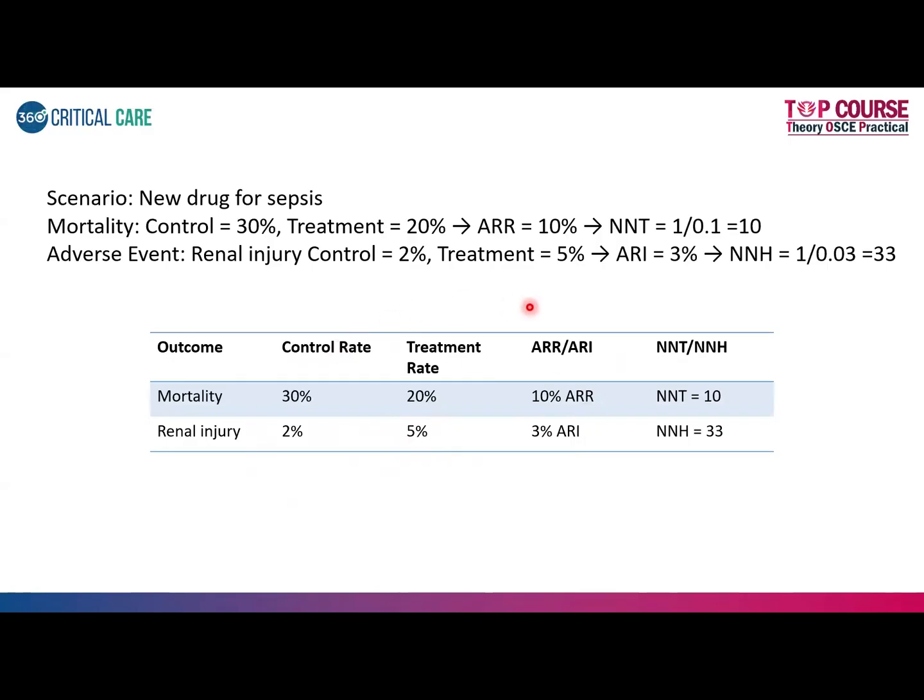So the number needed to harm is around 1 divided by 0.03, which is 33, right? So 33 patients were treated to cause harm to one patient, and a smaller number of patients were treated to find benefit of the drug in one patient.